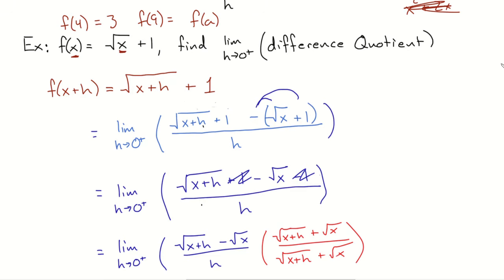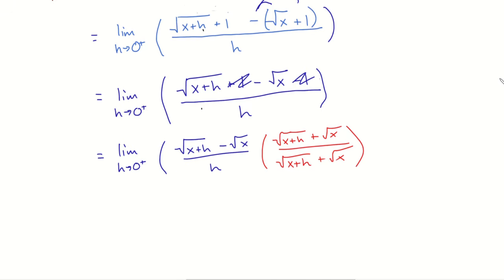Do we have to do a big hardcore FOIL and write it all out? This is the difference of squares. Every time conjugates do that. What does the numerator become, Dolan? Love it. We have these two multiplied to be x plus h. I'll make that there, x plus h. And then we have minus x all over h still.